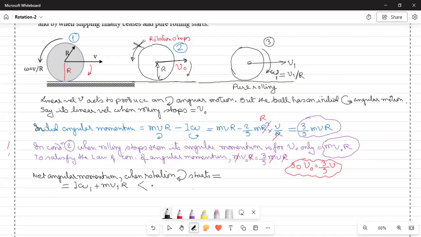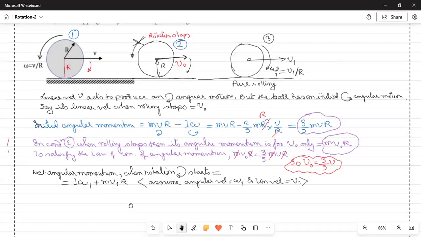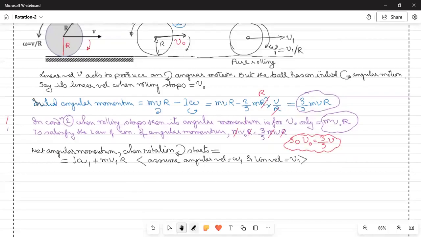Let us write here, assume angular velocity is equal to omega 1 and linear velocity is equal to v1. In fact, the paper setter wanted us to find out the value of v1.